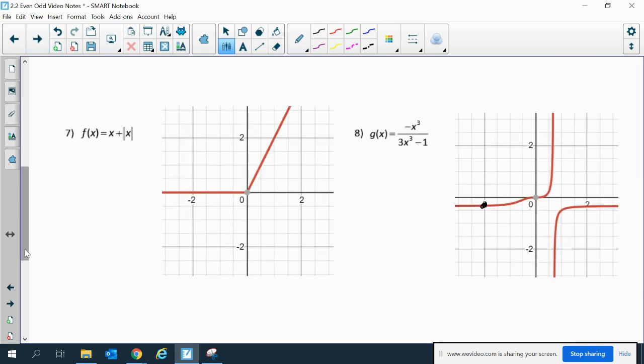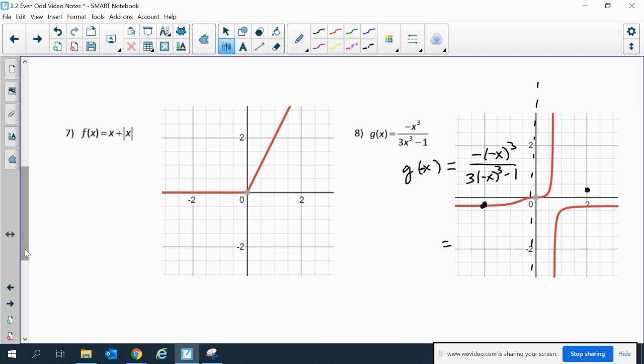The graph definitely does not seem to mirror perfectly over the y-axis, and this point does not match up with a point over here. So that one looks like it's not going to be either. G of negative x is equal to negative x cubed over 3 times negative x cubed minus 1.